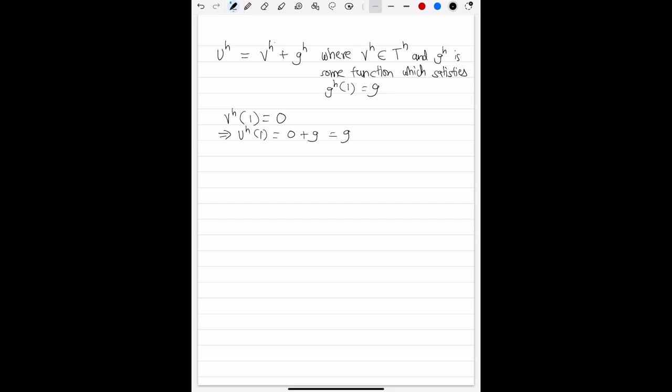Now, let's consider Th, the test function space, to be consisting of all possible linear combinations of some basis functions Na, which are linearly independent functions.